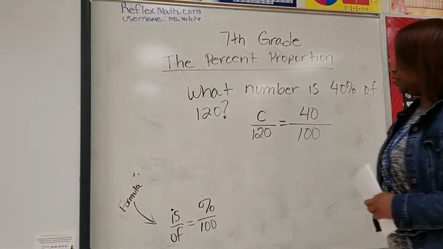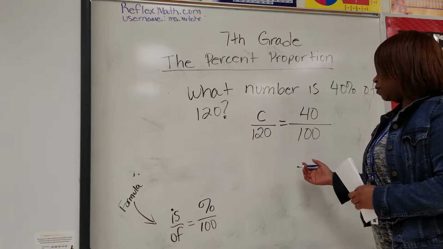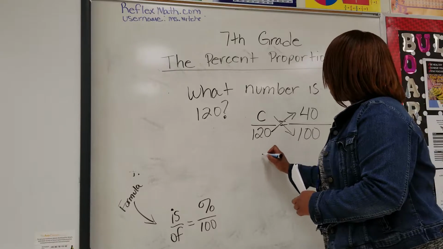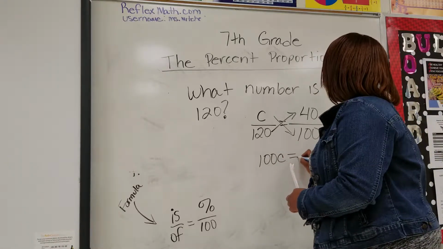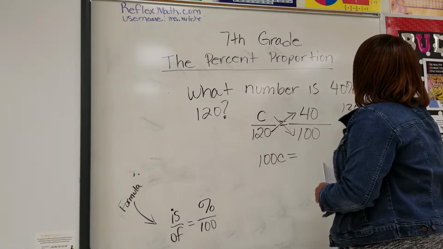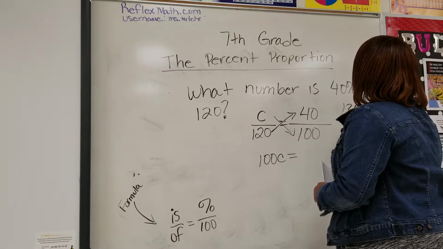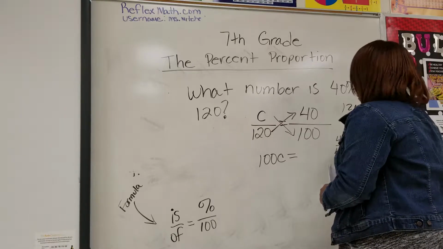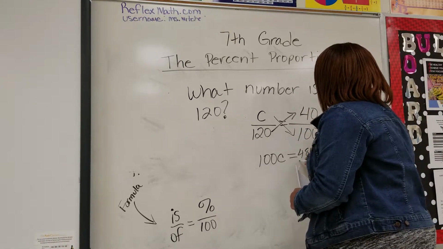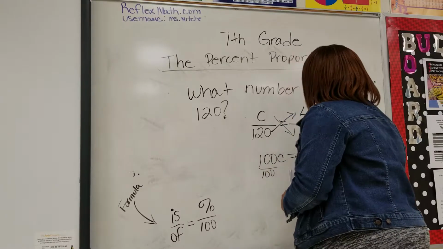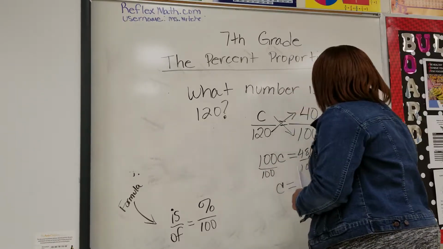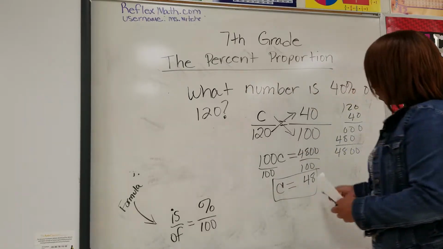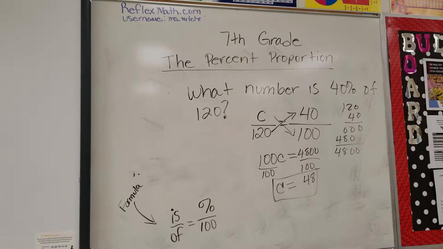So we'll go with C. When we cross multiply, and here we have C equals 48.